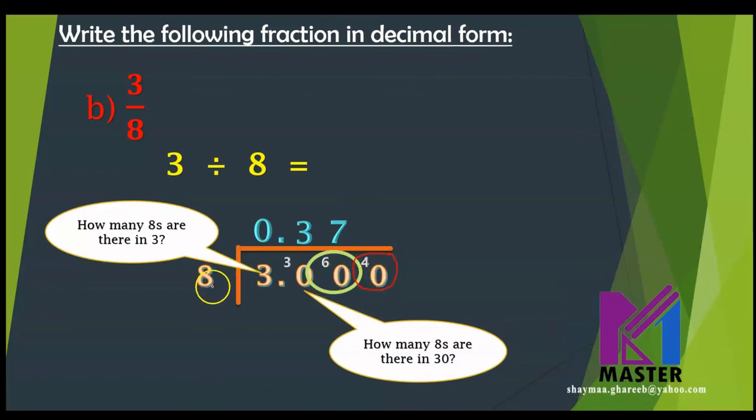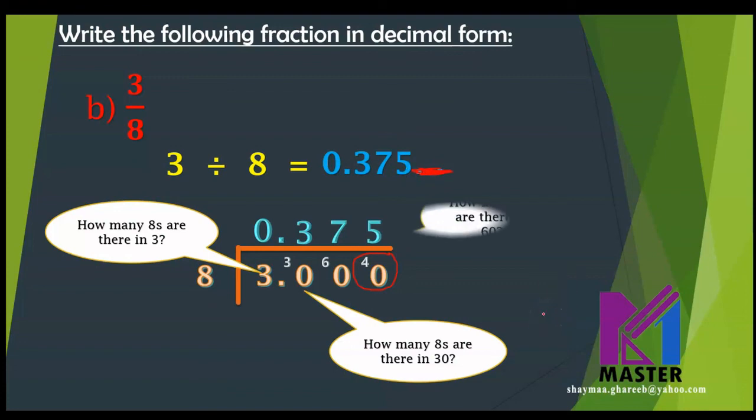How many 8's are there in the 40? 5 8's in the 40. Do I have any more digits to be written? No. So this fraction ends here. It's 0.375 only. Is this clear? No more digits can be written.